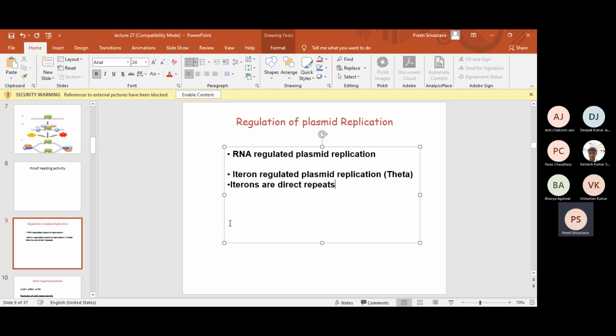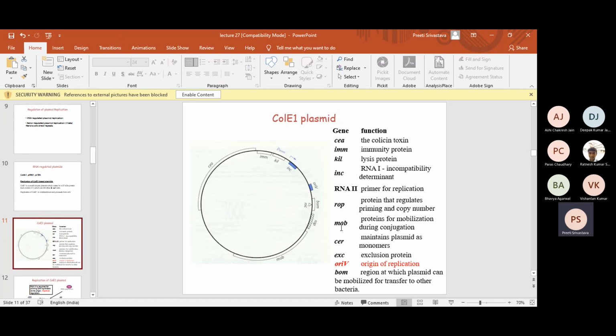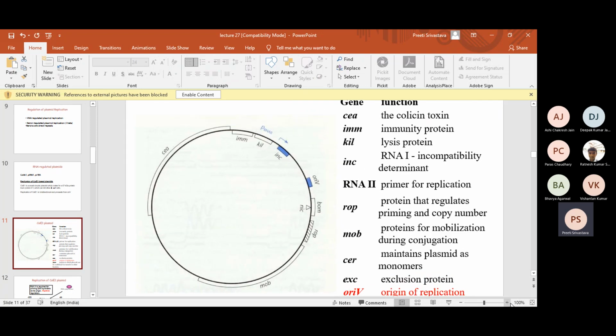Let's see how RNA can regulate plasmid replication. Examples of RNA regulated plasmids are ColE1, P15A and pMB1. ColE1 is a small circular plasmid. This is the map of the ColE1 plasmid.